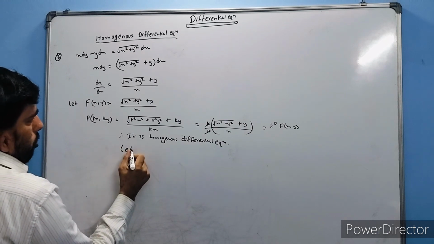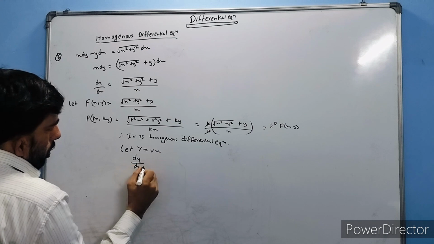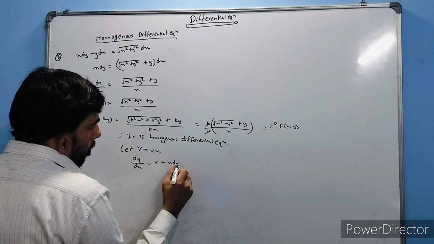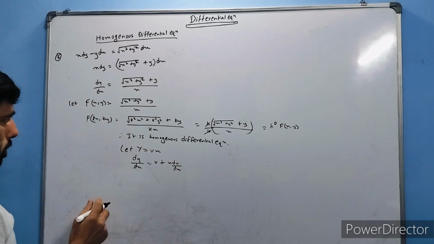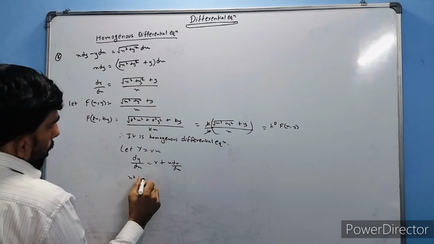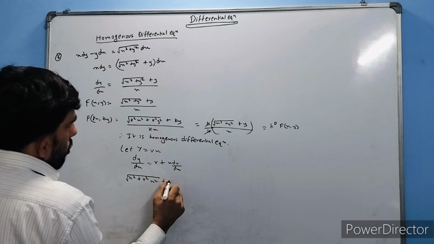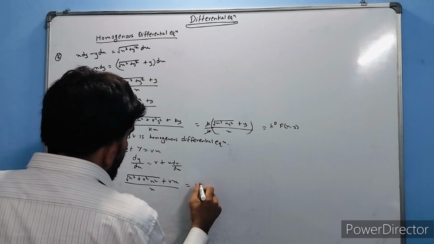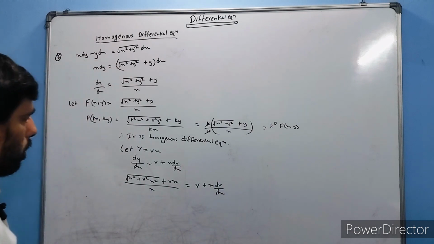Okay, so now let us try to solve this. Let y is equal to vx, so dy upon dx is equal to v into differential plus x into dv upon dx. So now we'll put the value of dy by dx here. We have square root of x square plus v square x square plus vx, upon x, is equal to v plus x dv upon dx. Now let us solve.